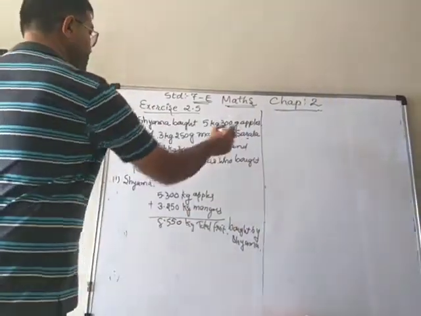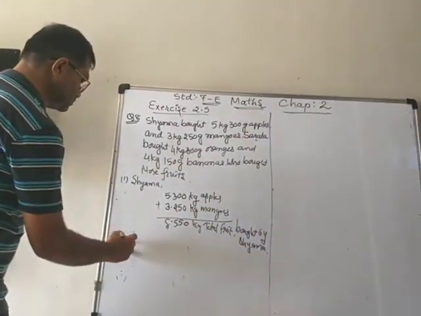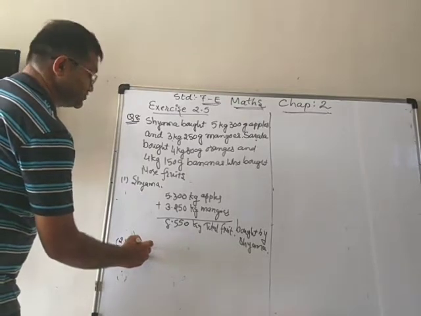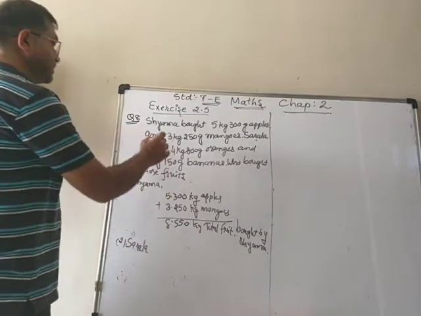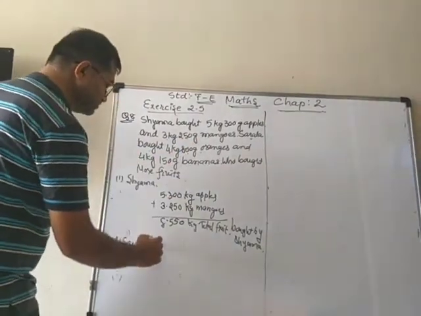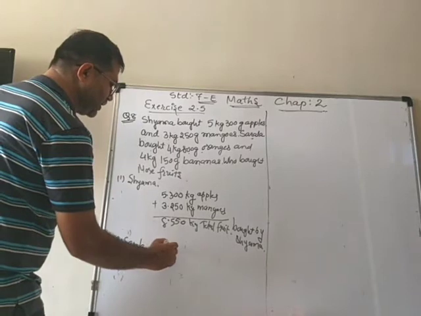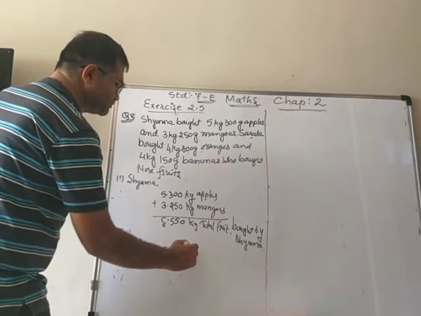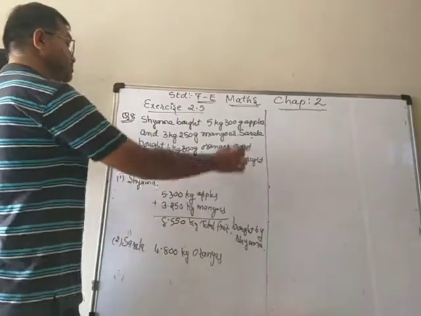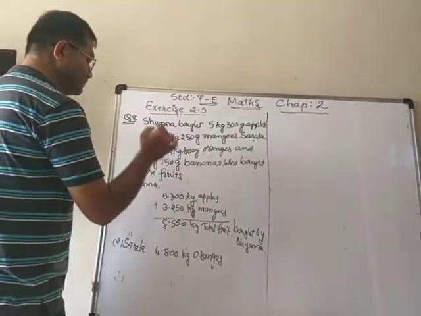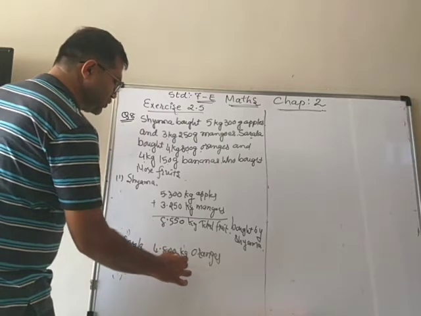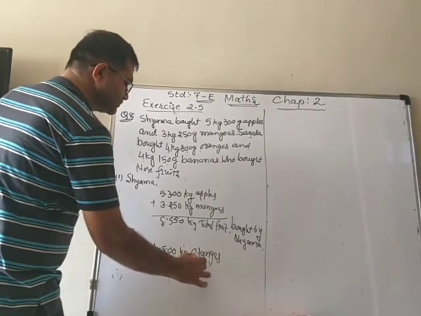Now the second, Sarala. For Sarala. Sarala bought 4 kilogram 800 gram oranges, means 4.800 kilogram oranges, and 4 kilo 150 gram, means 4.150 kilogram bananas.